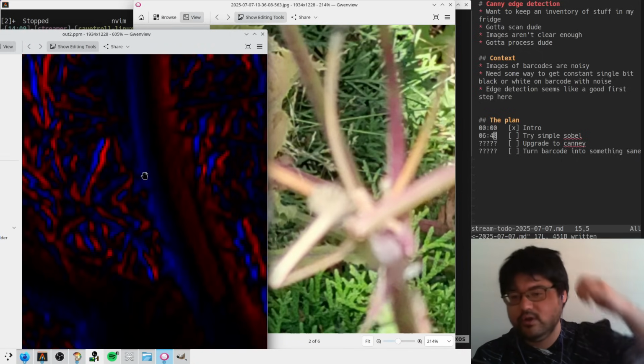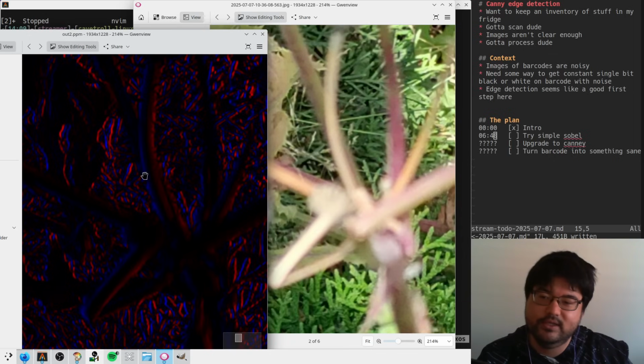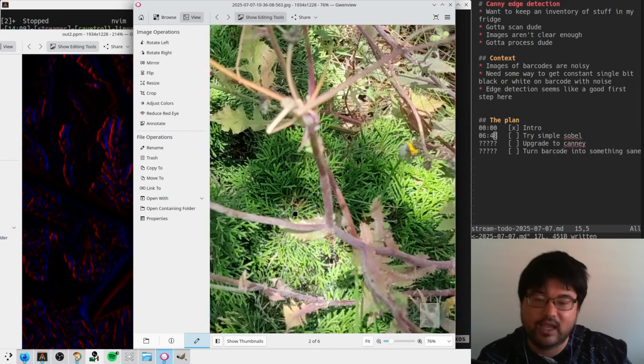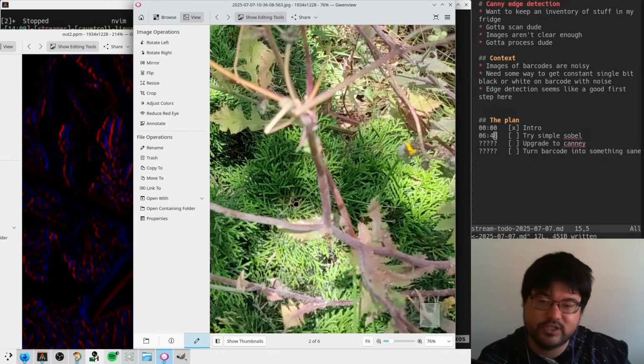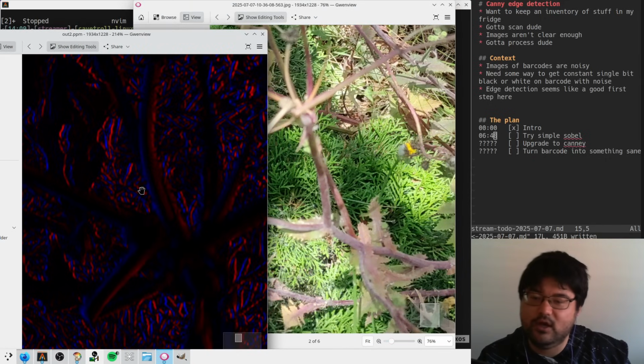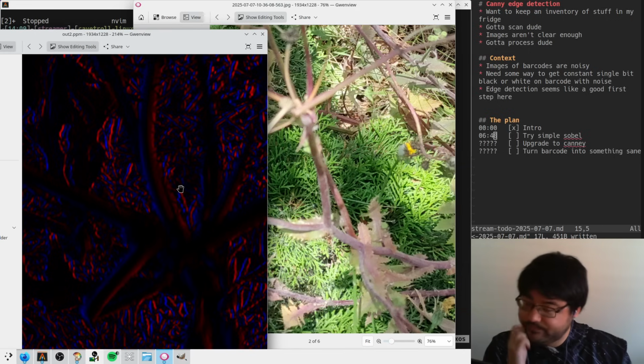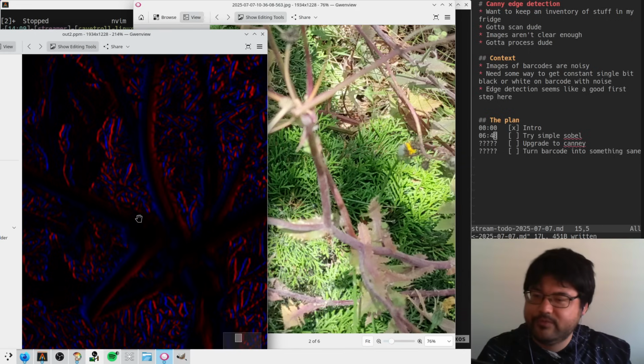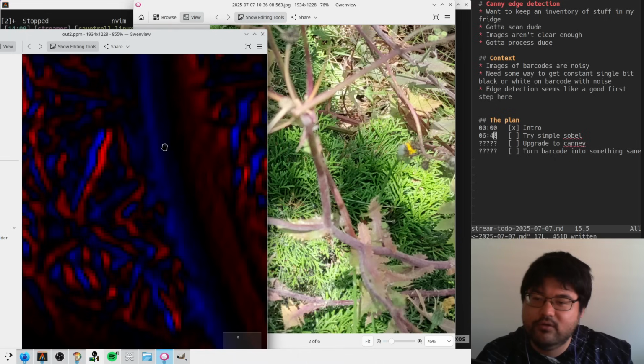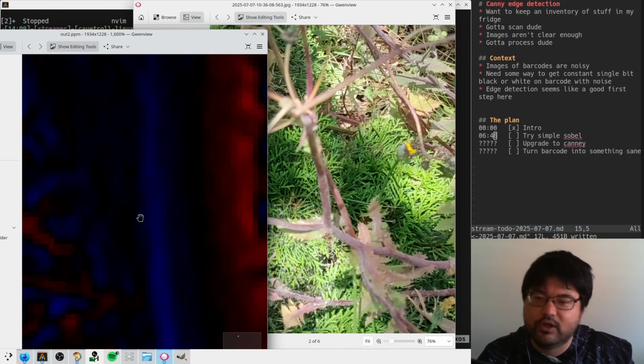Now, this is a lot, right? If we wanted to outline maybe these branches, I don't really know if this gives us what we want, right? You can see here, for example, a really fat edge here, right?